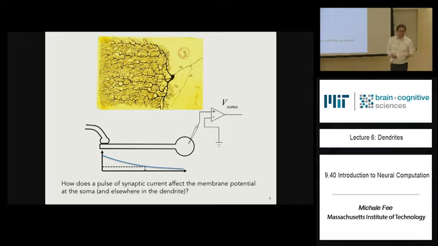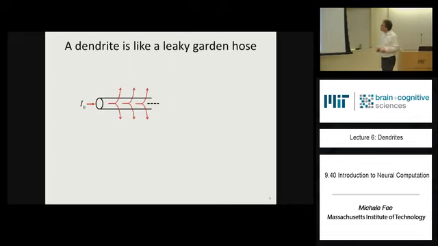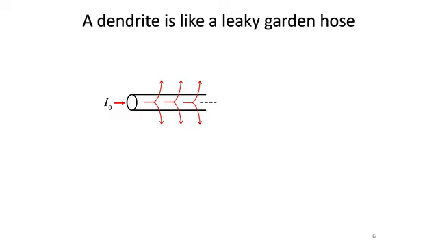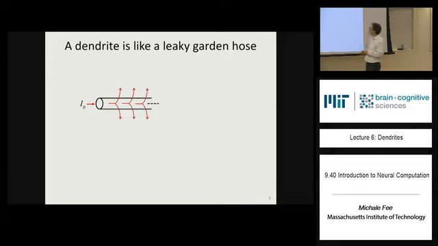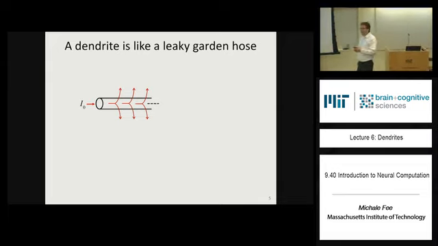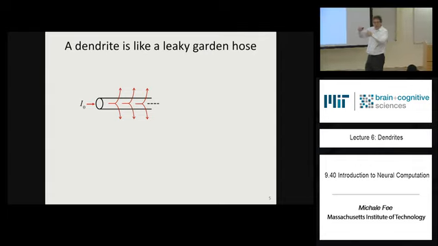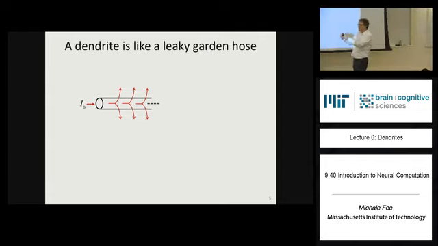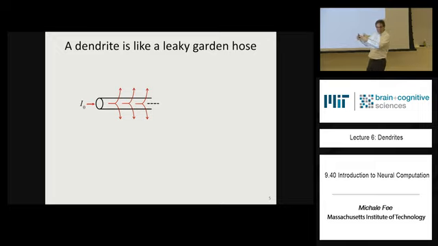There's a very simple, intuitive picture, which is that you can think of the dendrite as a leaky pipe or a leaky hose. So imagine you took a piece of garden hose, and you poked holes in the side of it, close together.